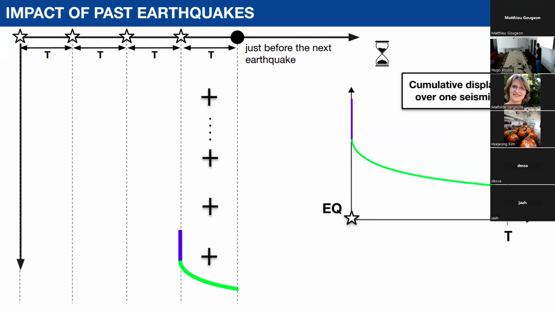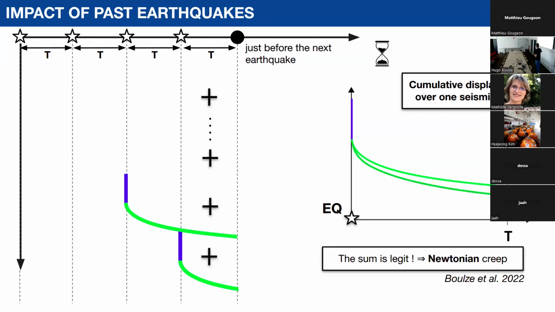So here you have time, and you have here the displacement of, let's say, a point located at the surface of the continental lithosphere. And we are here at this time, right before the earthquake. So at, let's say, 150 years ago, an earthquake occurred, and we are at this time seeing this displacement with GPS.